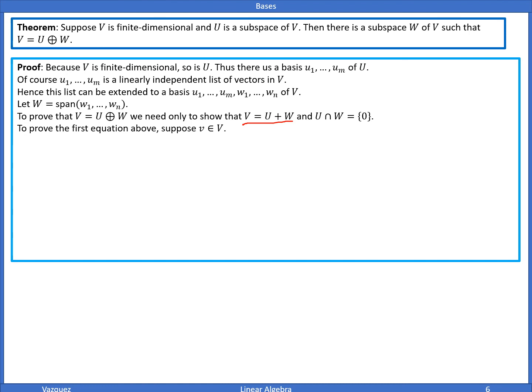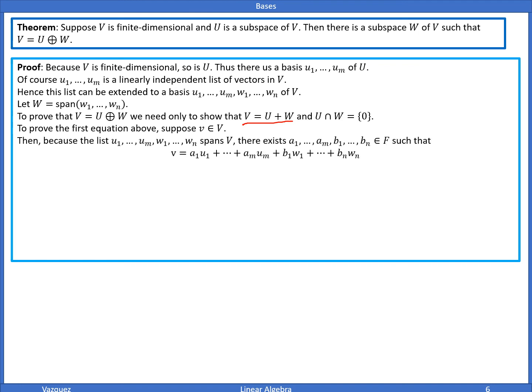Suppose v is a vector in V. Well then, because the list u1 to um and w1 to wn spans V, there certainly exist some scalars a1 to am and b1 to bn in F such that the vector v can be written as the linear combination we show here.